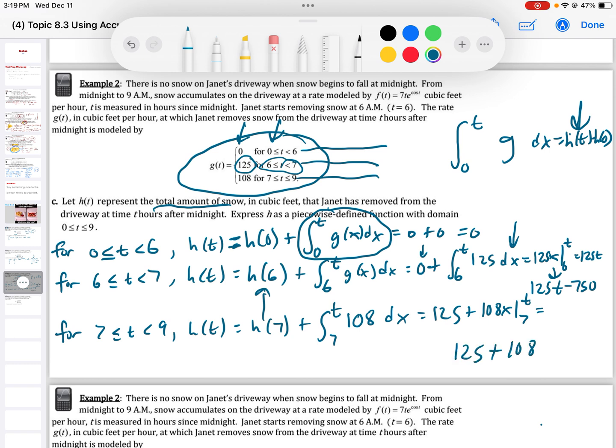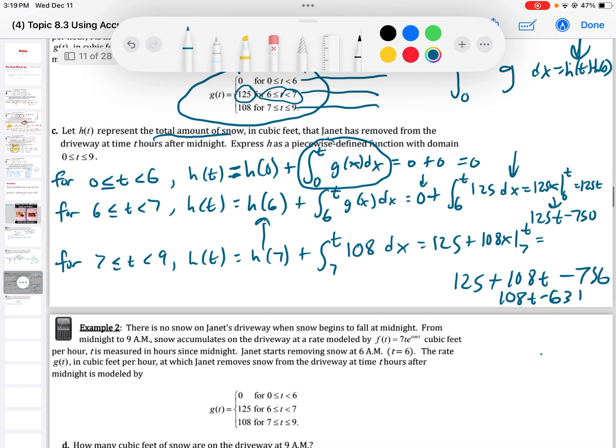So this would equal 125 plus 108t minus 108 times 7, which gives me 756. Combine like terms, 125 minus 756, negative 631.